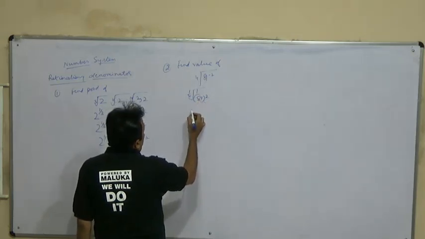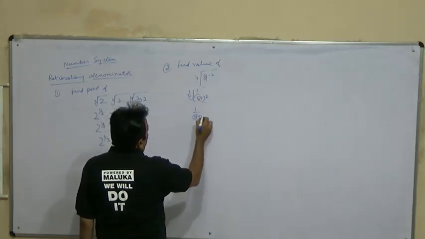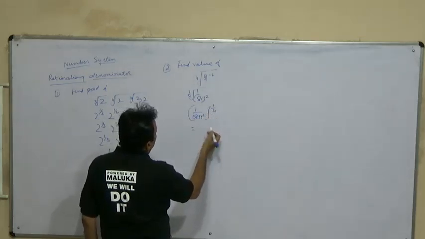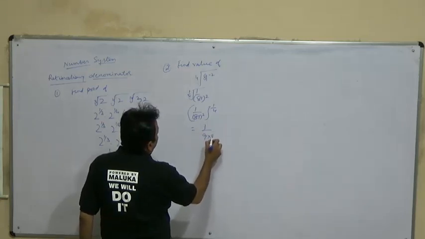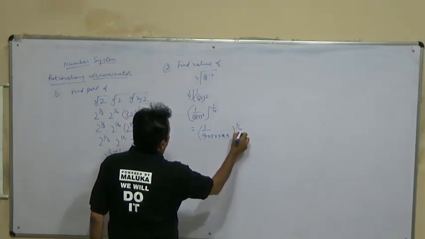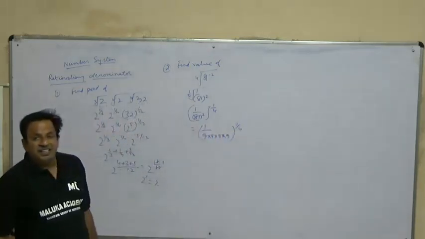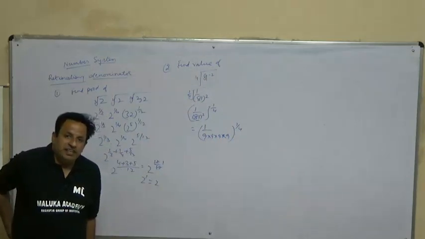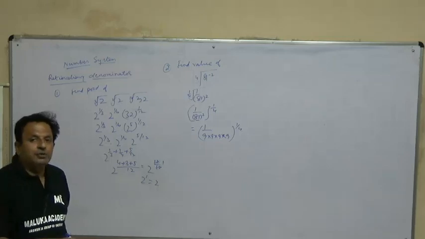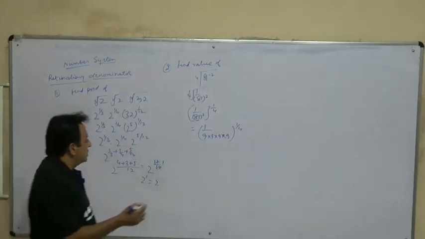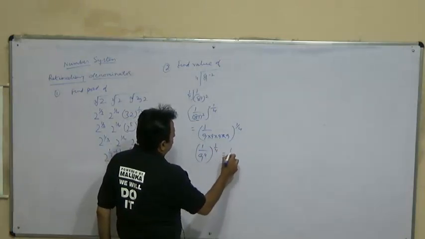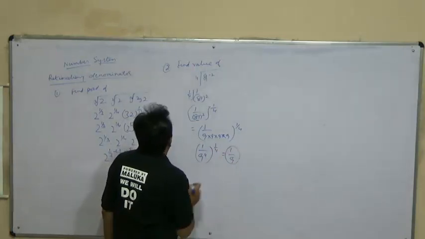Now this is 1 by 81 square raised to power 1 by 4, or we can say 1 by 9 into 9 into 9 into 9 raised to power 1 by 4, because 81 can be written as 9 into 9, and similarly we can have 81 square as 9 into 9 into 9 4 times. So this is 1 by 9 raised to power 4 raised to power 1 by 4, so 1 by 9. So this will be the answer.